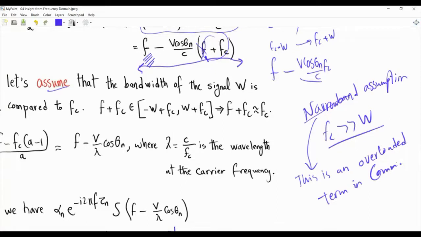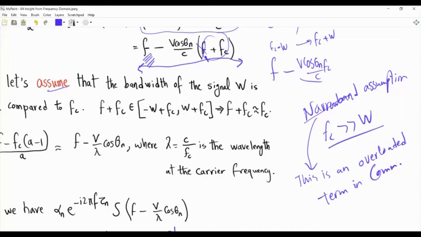And so you can know that if you have a wideband system in which W is comparable to FC, my assumption will fail. We will not do this in this course, but there are proposals for wideband communication systems in which you use a huge bandwidth.